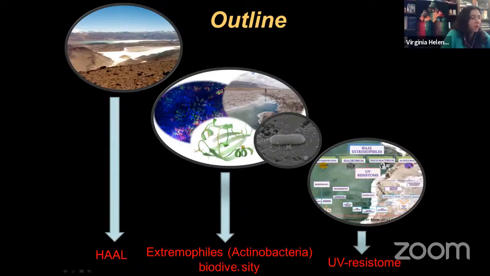And within these Actinobacteria, we use them as a model to study the response or adaptation to a stress, which is UV radiation. We call this system of adaptation UV resistome, and I will explain a little bit later.